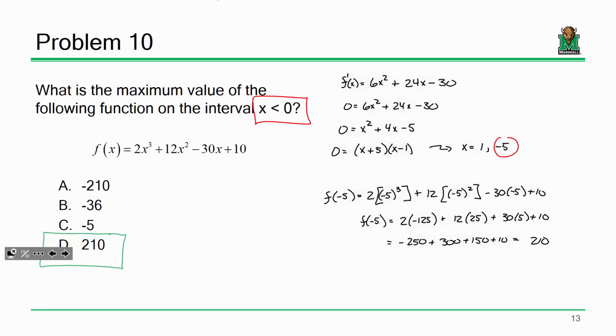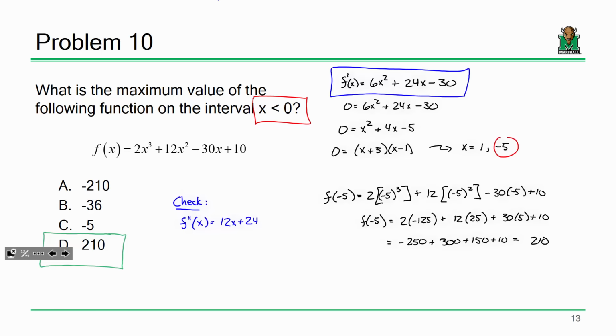But another way I can do this is I can check the concavity. I check the concavity by determining the second derivative. Now the second derivative is the derivative of this, which is what? 12x plus 24.